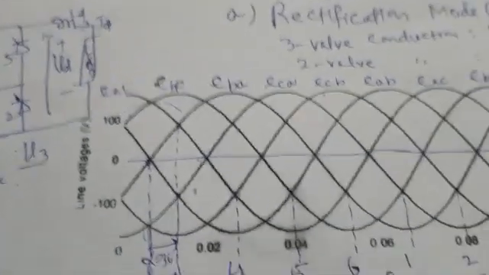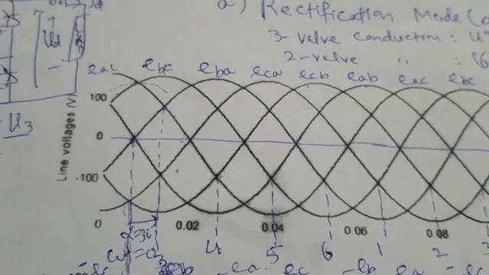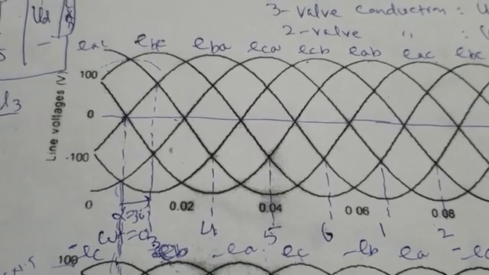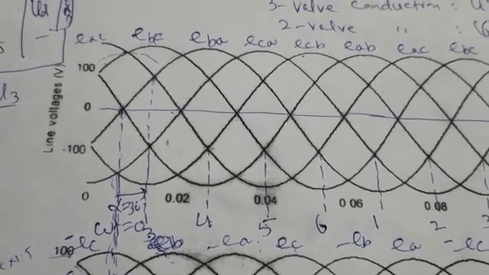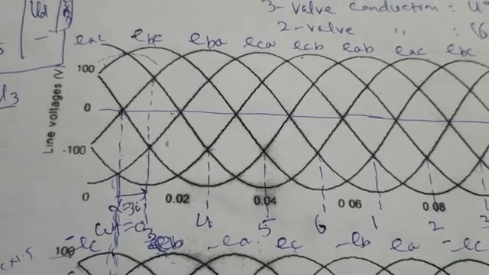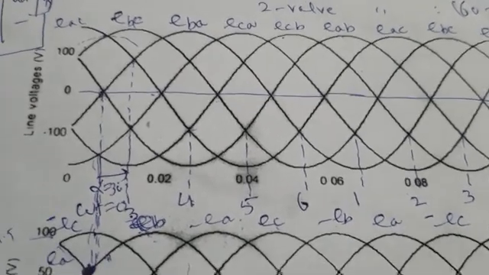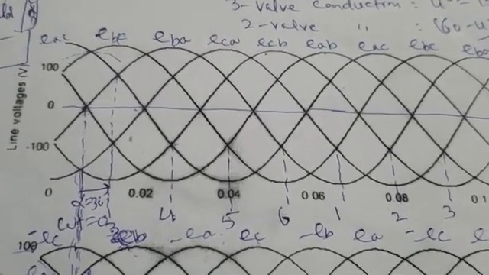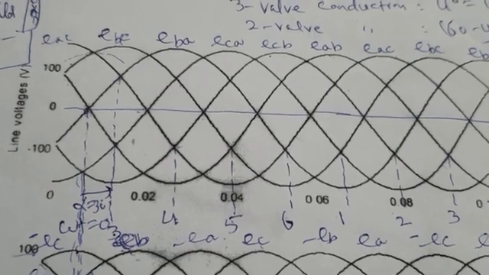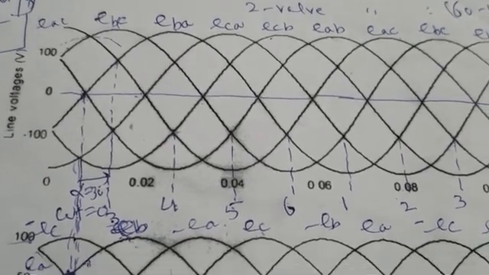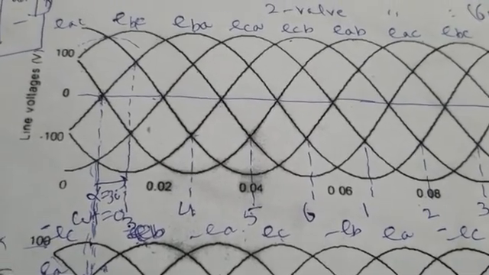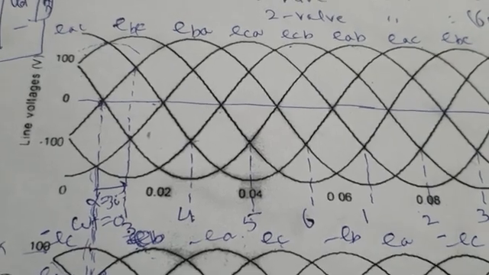You can try it in your MATLAB. I hope most of you know how to use MATLAB software or any other software, PSIM or any other software. You can draw these three-phase line-to-line voltages, 6 line-to-line voltages, and on the same axis there, you can draw various phase voltages like plus 1.5 EA, minus 1.5 EA, plus 1.5 EB, minus 1.5 EB, plus 1.5 EC, minus 1.5 EC.